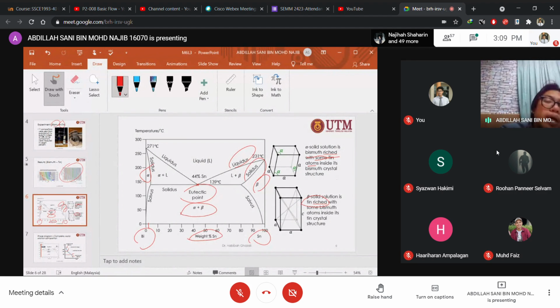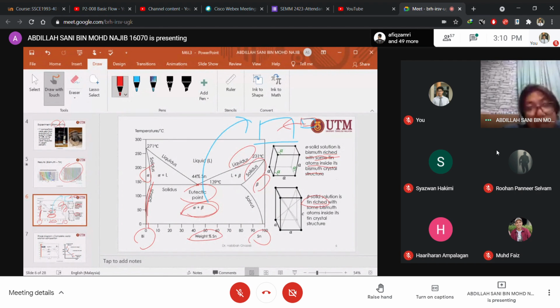This is what I was telling you guys over and over again: when we have two solids and we add one of them to the other, there will be a limitation. For example, this is the limit. You see in alpha, the tin inside its bismuth means the tin dissolves in bismuth.